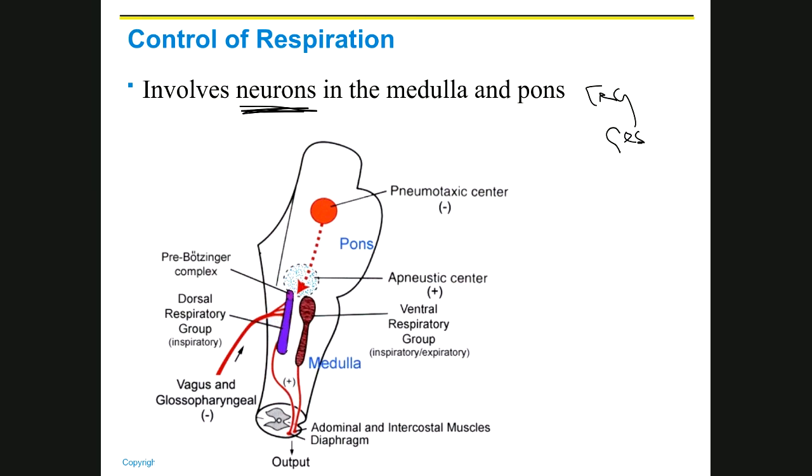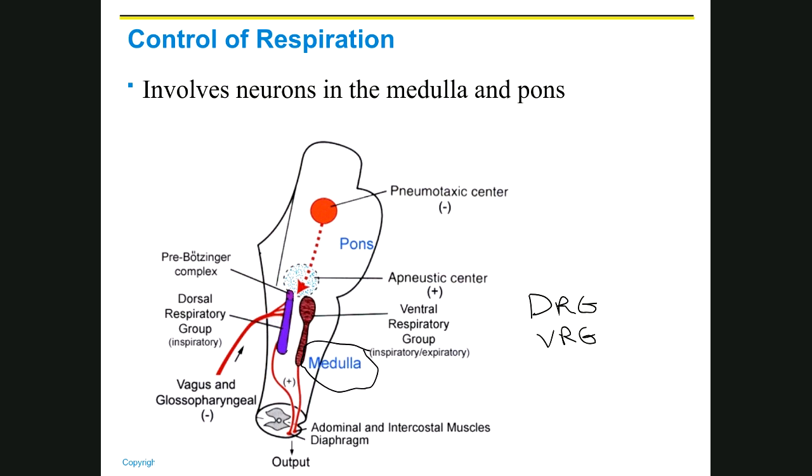So let's look at these. There's 4 of them. There are 2 in the medulla, and there are 2 in the pons. In medulla, they're just called dorsal respiratory group, or the DRG, and the ventral respiratory group, or the VRG. So those are in the medulla.